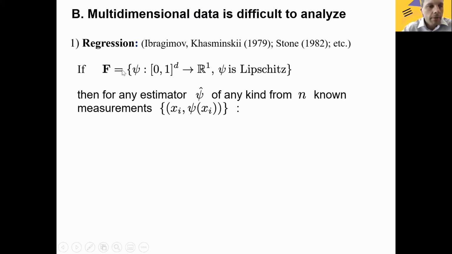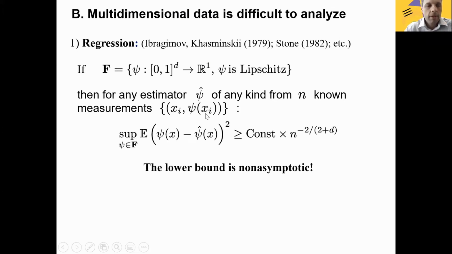Actually, there is a very well-known theorem of Ibragimov, Khasminskii and Stone, who proved that if you consider a function which lives in a d-dimensional space and which is Lipschitz, and imagine that we would like to recover this function from n data points, then we can prove that the minimal possible worst-case mean squared error of such functional reconstruction is bounded from below by this value.